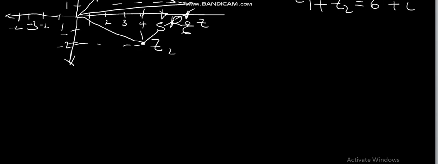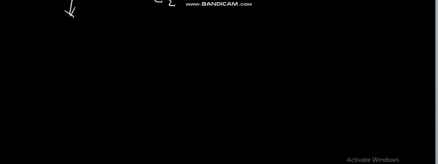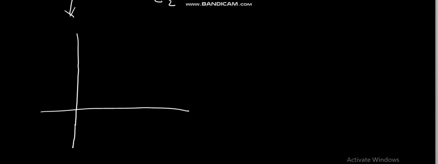So let us go to another one. They want us to plot z1 minus z2. Is that okay? z1 minus z2. So we have our Argand diagram. That is our Argand diagram. We have to label the axis, real of z and im of z. 1, 2, 3, 4, 5, 6, 7.